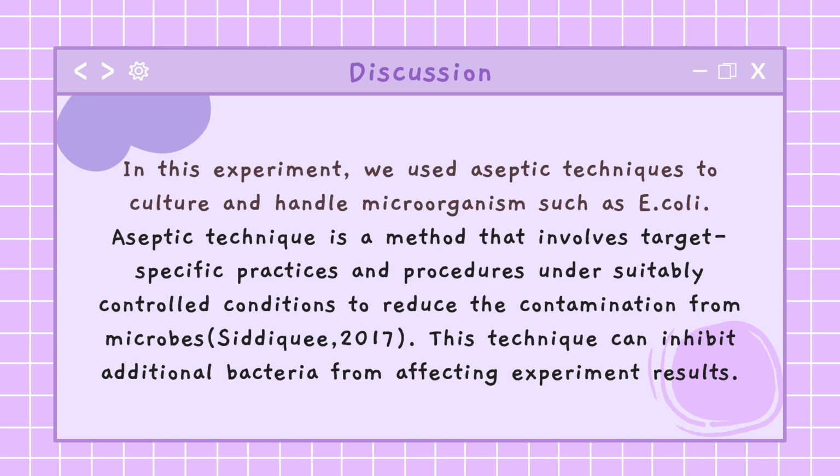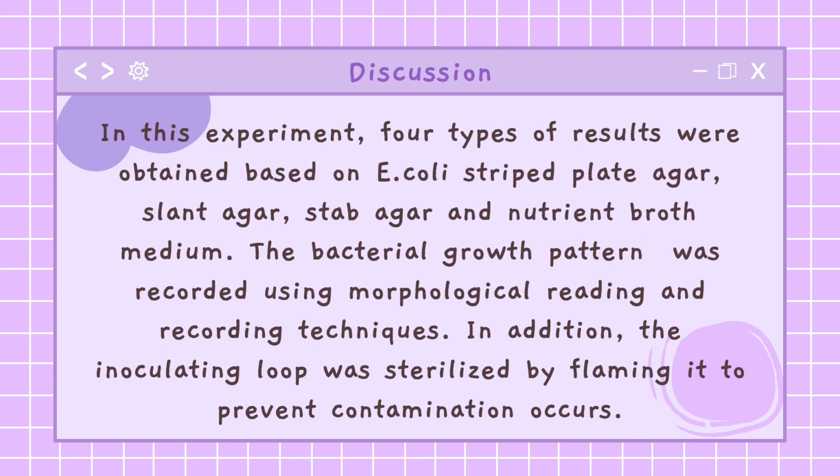In this experiment, four types of results were obtained based on E. coli streak plate agar, slant agar, stab agar, and nutrient broth medium. The bacterial growth pattern was recorded using morphological reading and recording techniques. In addition, the inoculating loop was sterilized by flaming it to prevent contamination.